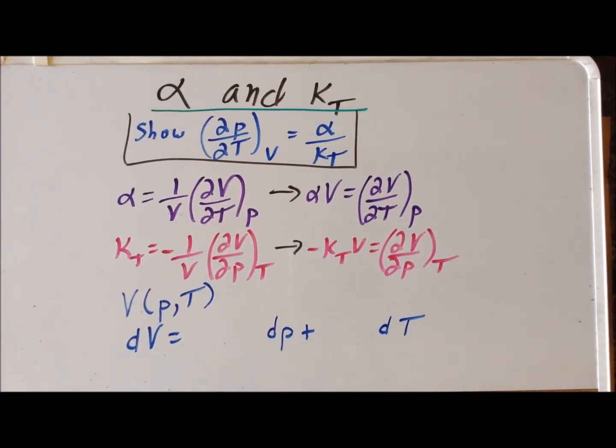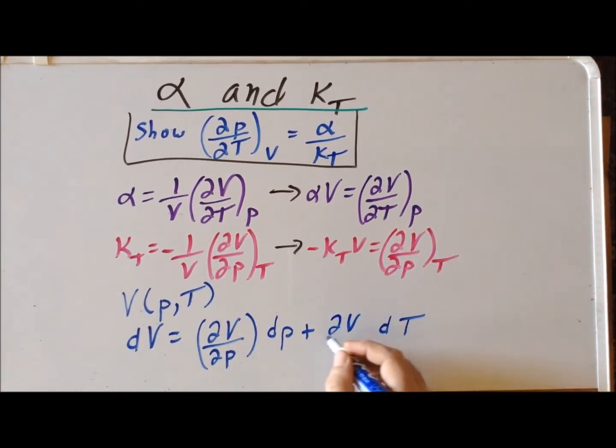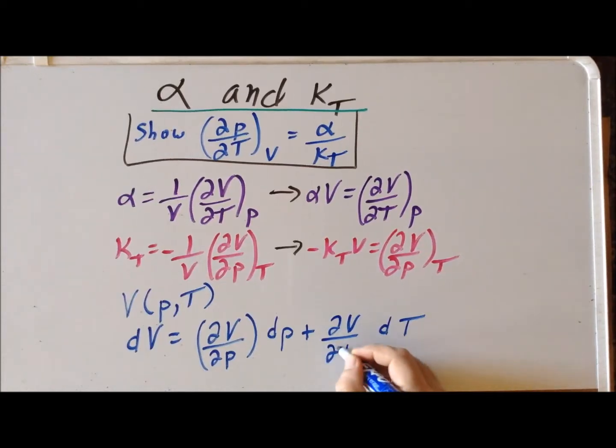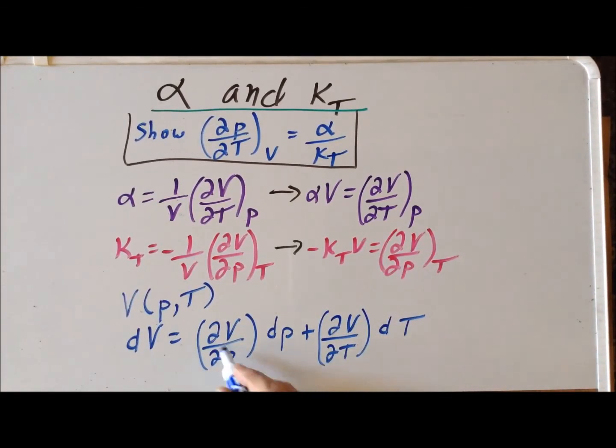Now we know that the form of the coefficients of dP and dT has to be of a particular form. We have the partial derivative of the state function with respect to that particular variable. So V with respect to P here, and then we have the partial derivative of V with respect to the temperature as a coefficient here. And since the pressure is changing, we have constant temperature. And for this particular partial derivative, we keep the pressure constant.